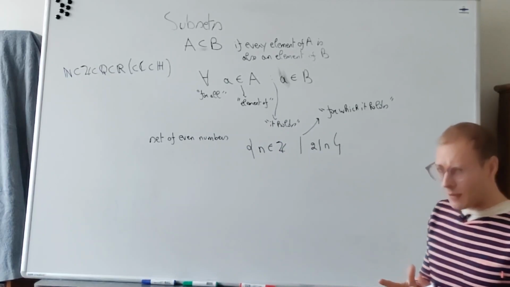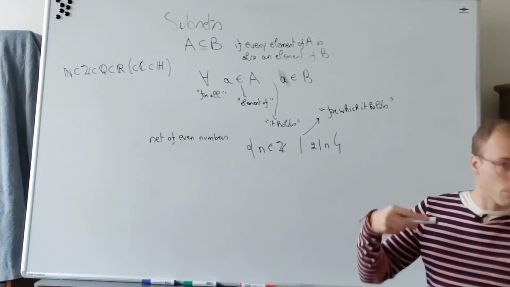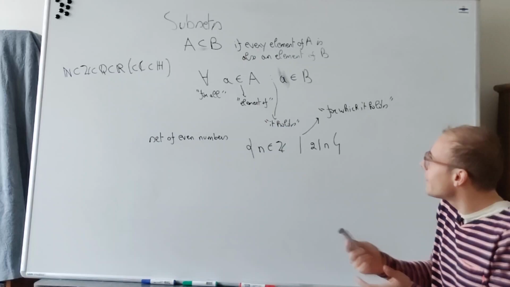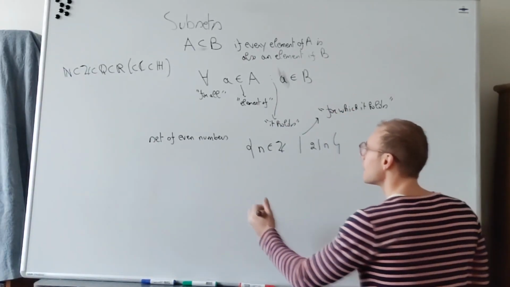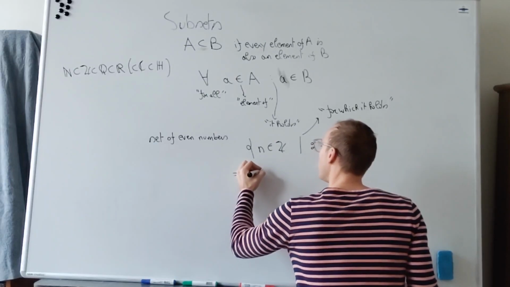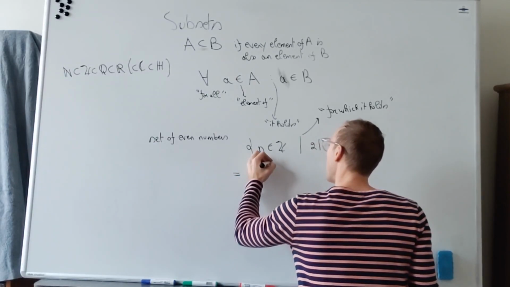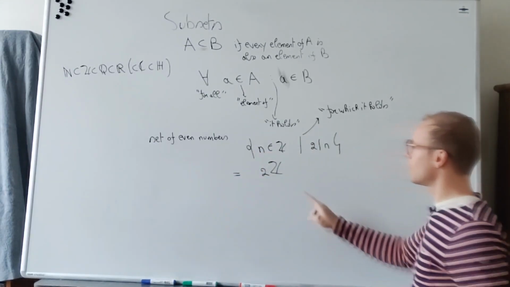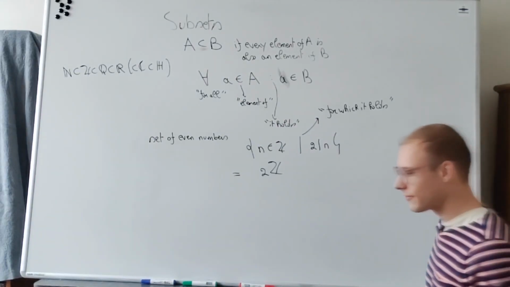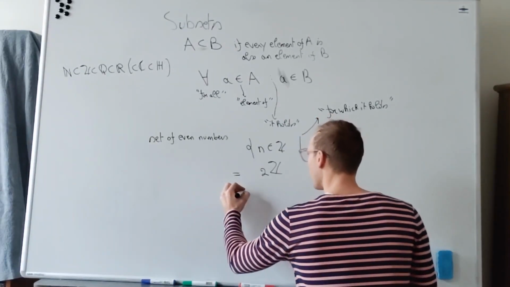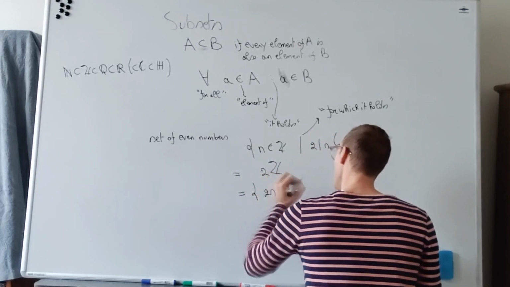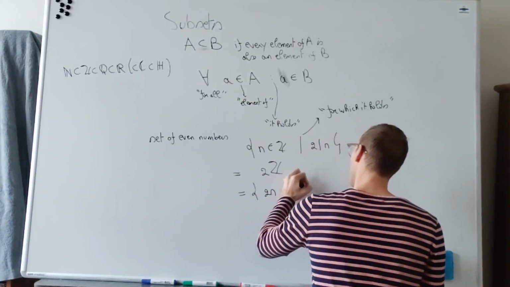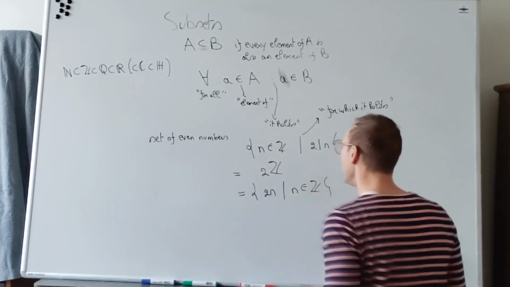Often in mathematics there are multiple ways of saying the same thing or representing the same concept, in this case the same set. We can also write it, just as a notation, as 2 times the set of integers. Or we could also say these are all the elements 2n, for which it holds that n is an integer.